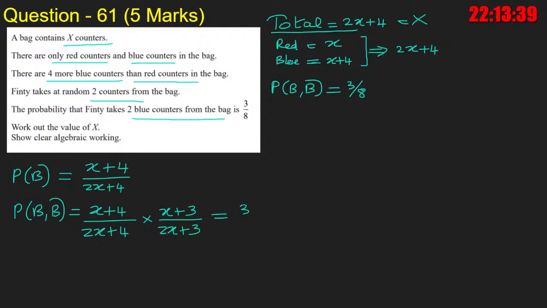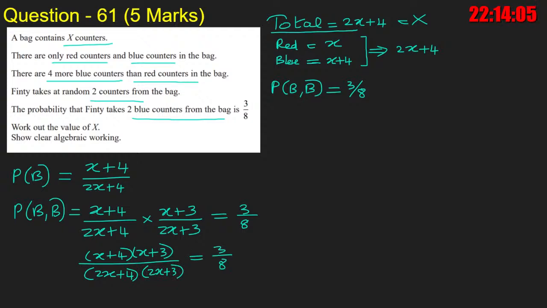That is equal to 3 over 8. So now when you multiply x plus 4, x plus 3 over 2x plus 4, 2x plus 3, equal 3 over 8.